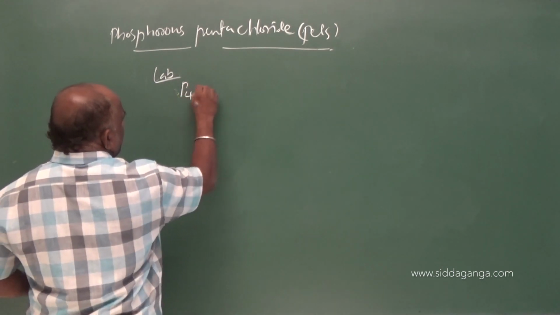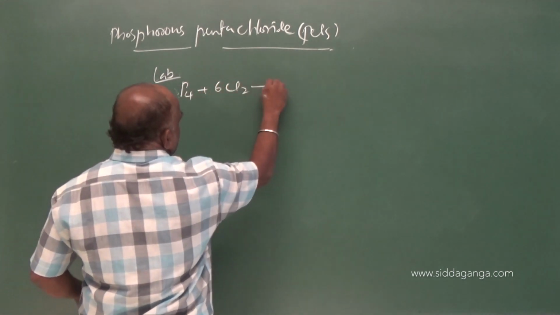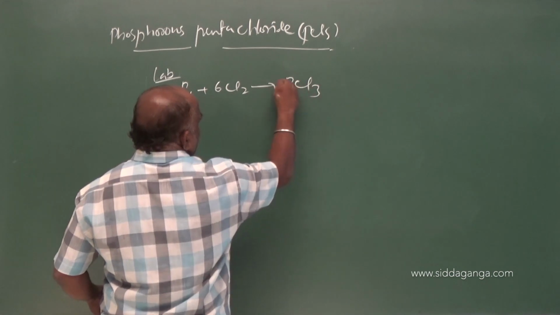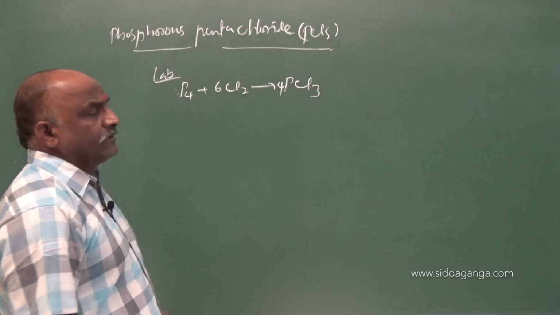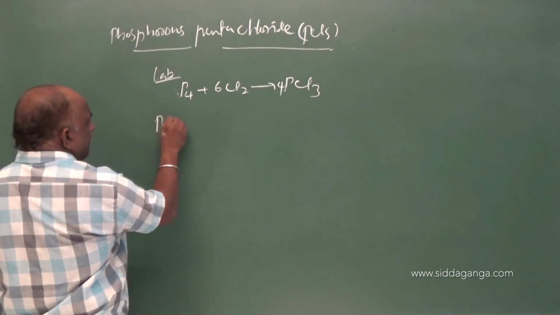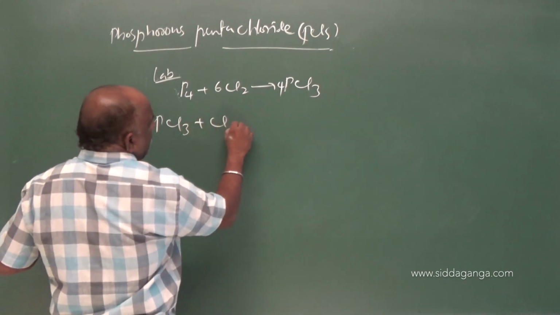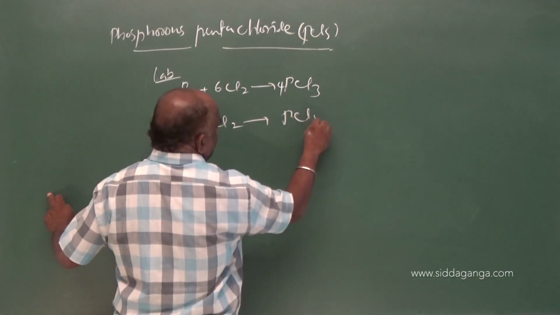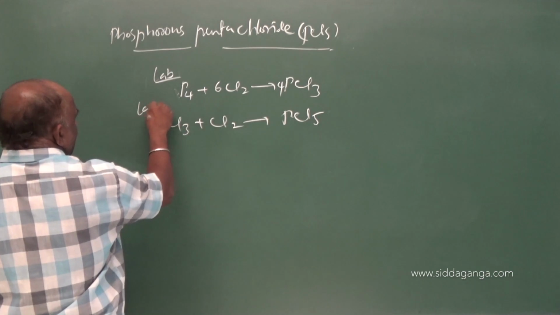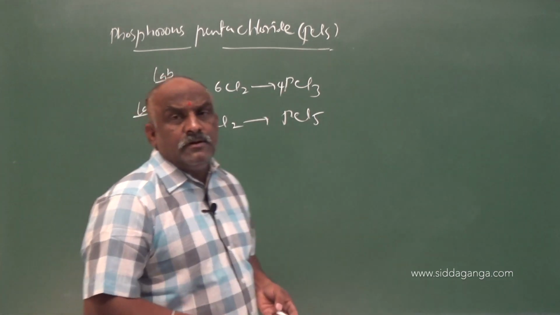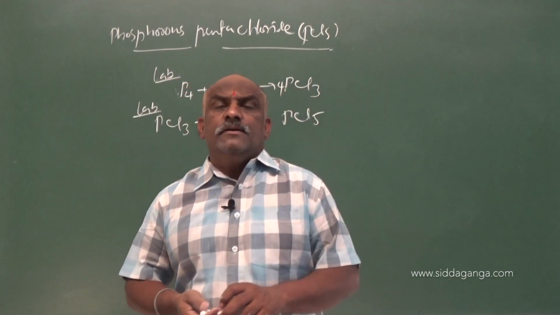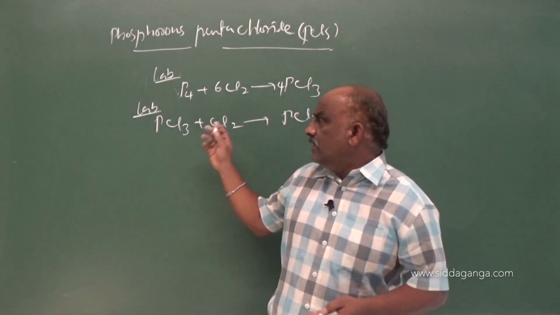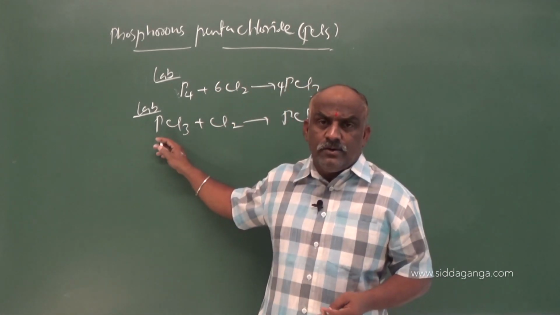P4 plus 6Cl2 gives rise to PCl3. Same PCl3 plus Cl2 gives rise to what? PCl5. This is a laboratory method, the preparation of phosphorus pentachloride from phosphorus trichloride only.